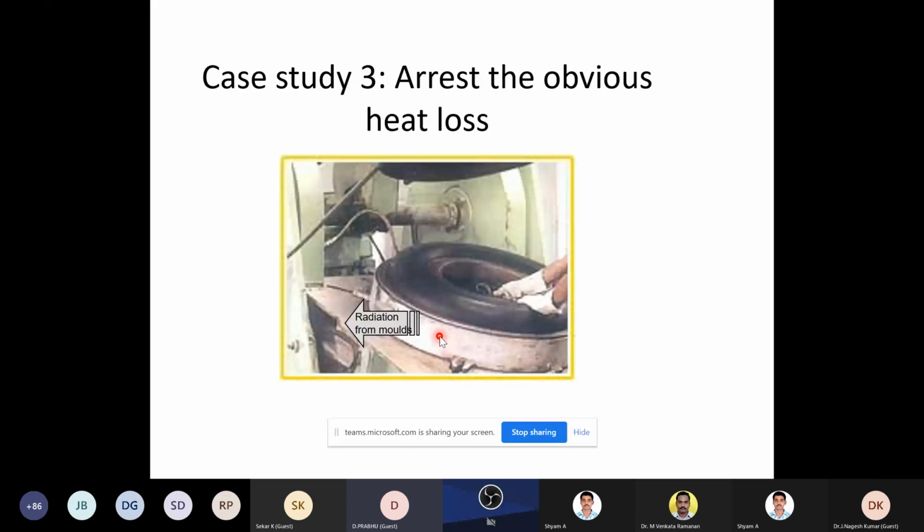If you see the source of heat, it is basically from these molds, at about 160, 170 degrees centigrade. These are radiating. So attack the source of the problem. How can we prevent it? The simplest thing is to provide insulation around this mold, so the radiation from molds can be prevented and energy can be saved.